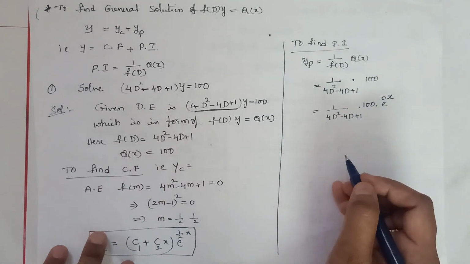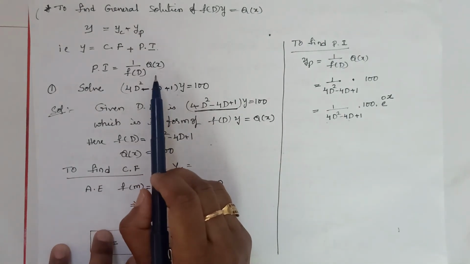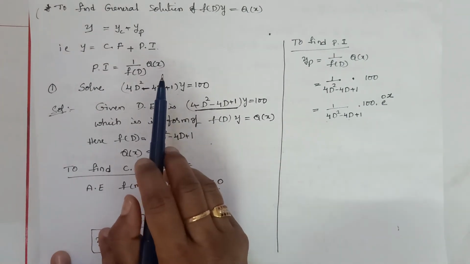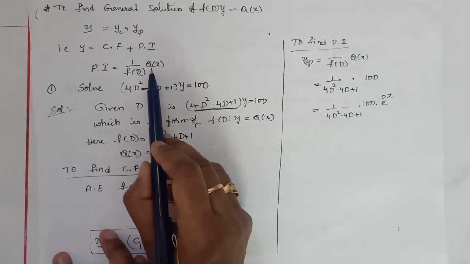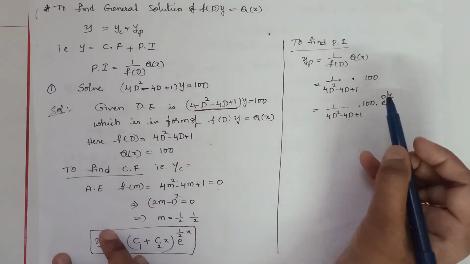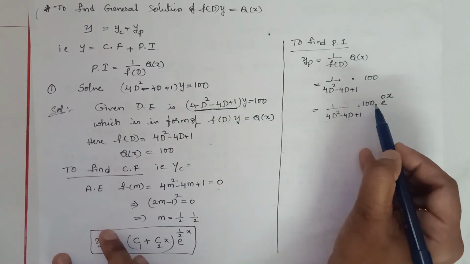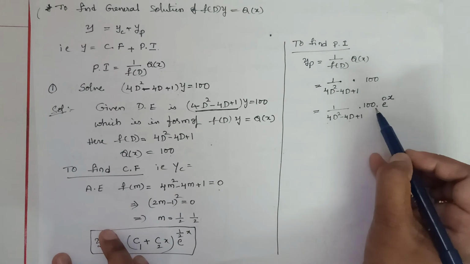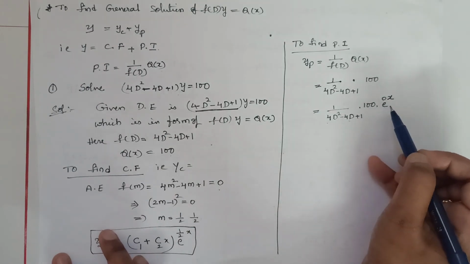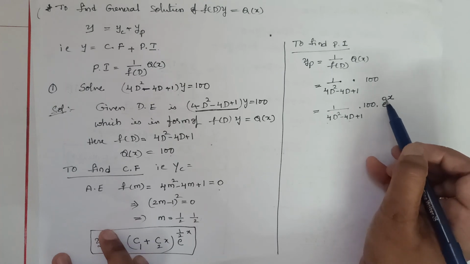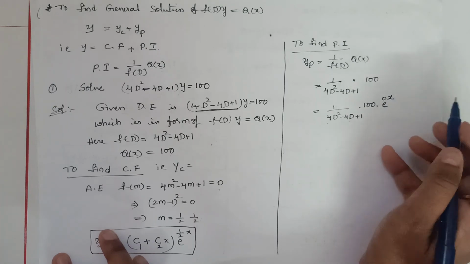See, as I said, the particular integral is evaluated based on the type of function of Q(x). Here, if you have a constant term as Q(x), this can be written as e^(0x). e^(0x) becomes e^0, and something to the power 0 is 1.